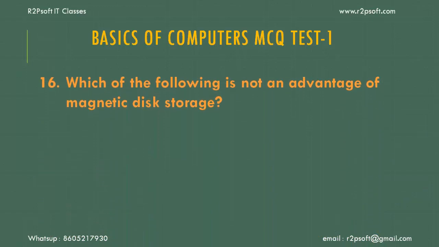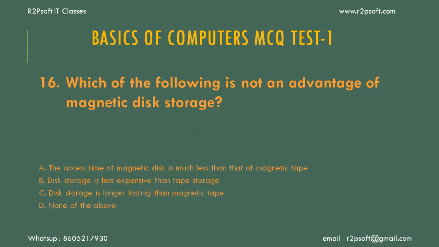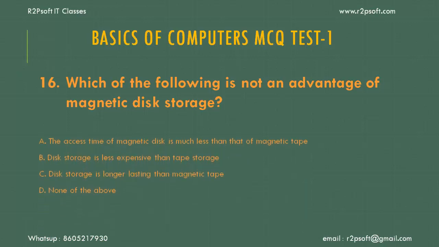16. Which of the following is not an advantage of magnetic disk storage? A. The access time of magnetic disk is much less than that of magnetic tape.